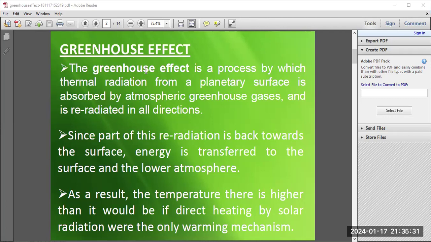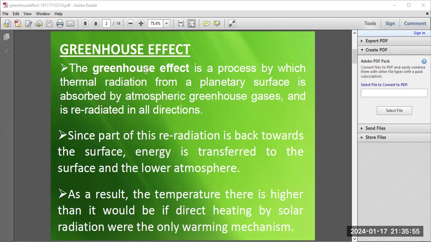That means whenever radiation from the sun comes onto the surface, it is diverted in the atmosphere back into space.